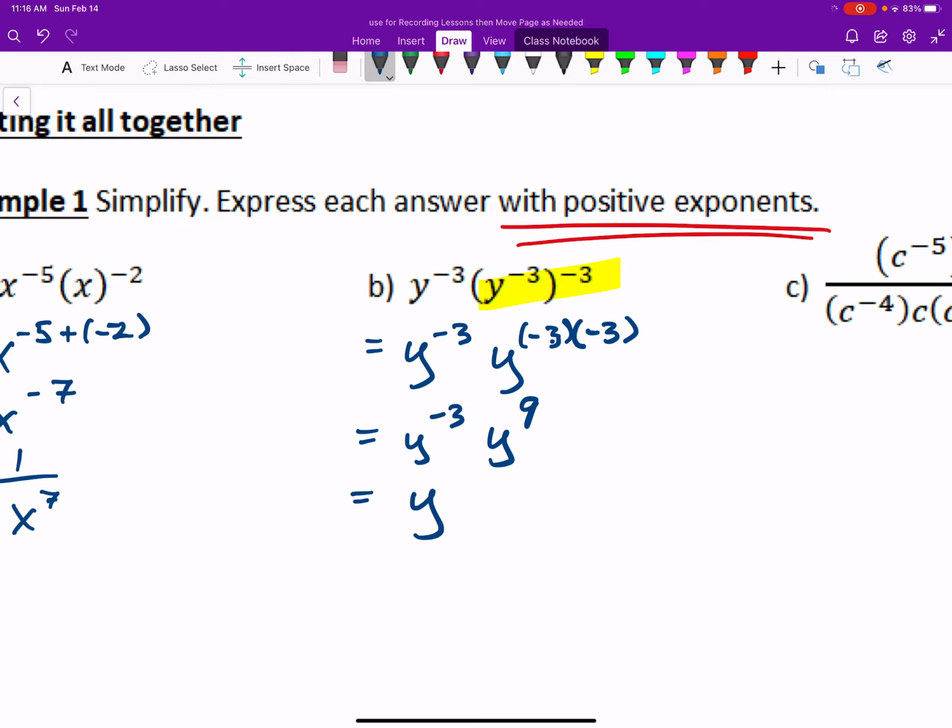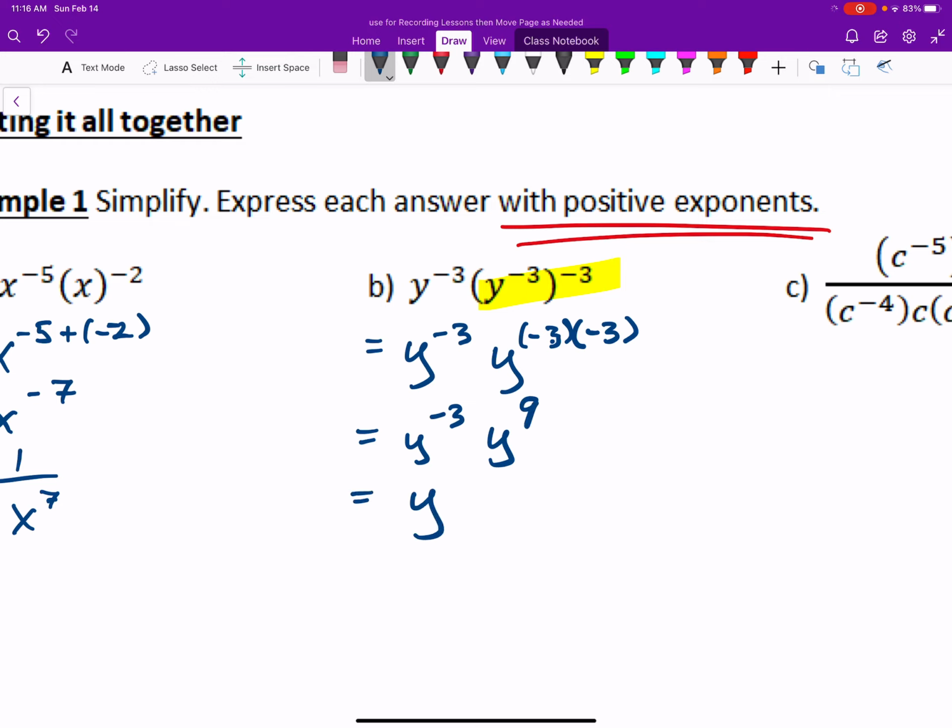For this one, whenever we've got powers inside a fraction, do the numerator, simplify that as much as you can first, and then the denominator, simplify that. And then the last step, you can do a division between the two. So on the top, I'm going to end up with c to the negative 15 when I do powers of powers.